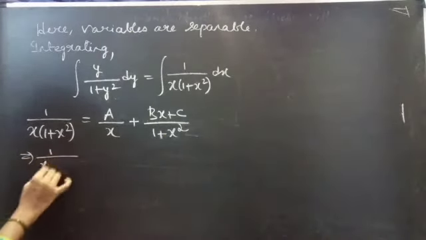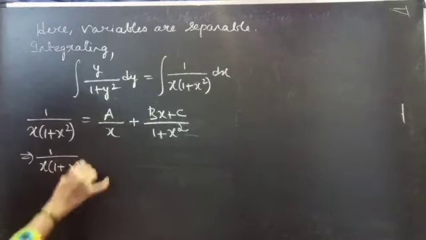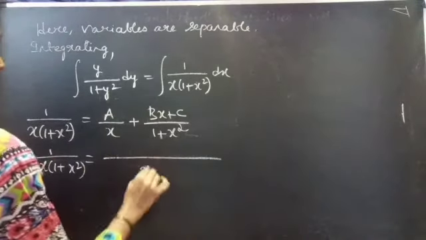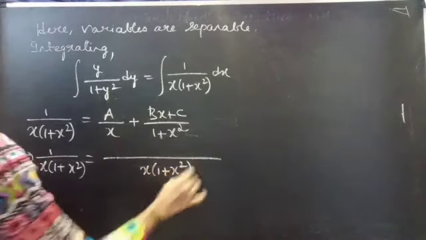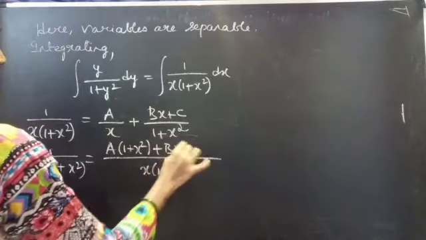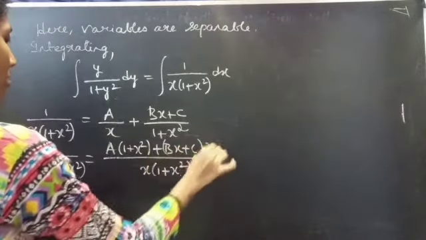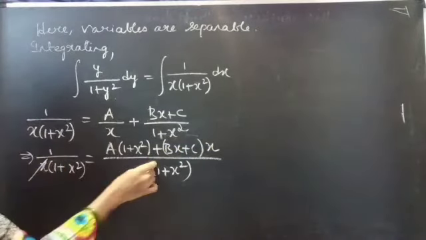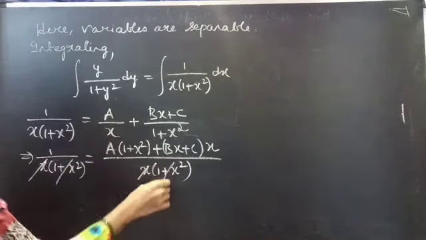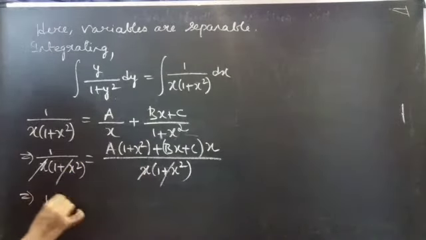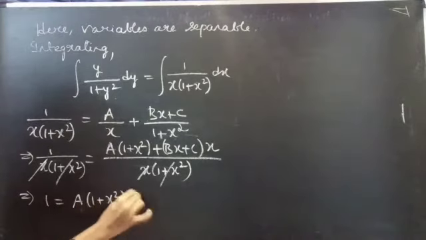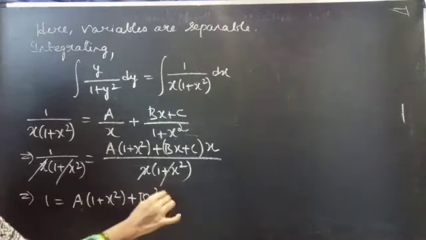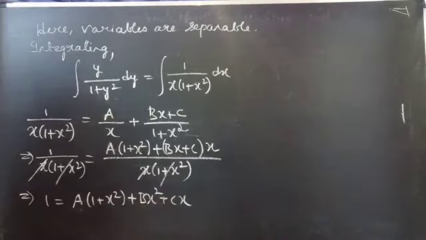Then 1 by x into (1 plus x square) equals, with denominator x into (1 plus x square), the numerator a into (1 plus x square) plus (bx plus c) into x. Here you can cancel x into (1 plus x square) on both sides. You'll get 1 equals a into (1 plus x square) plus bx square plus cx.